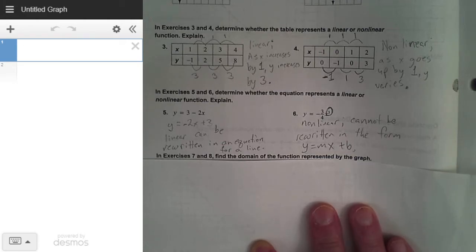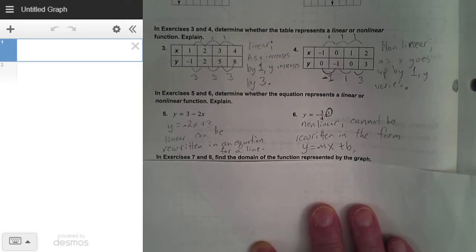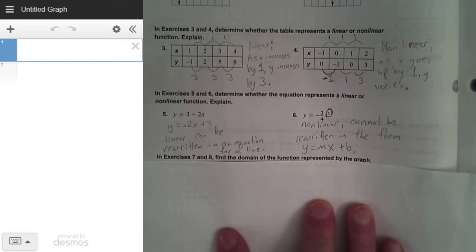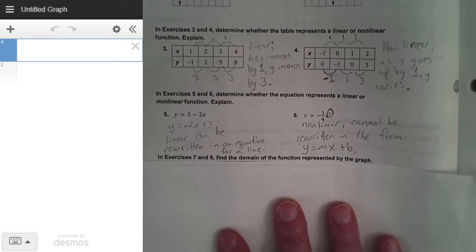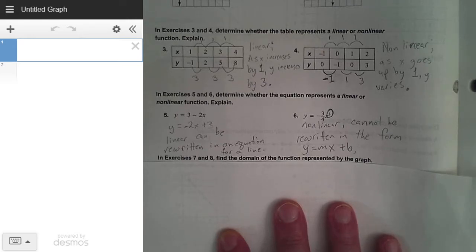It needs to match up with y equals mx plus b, or another form. In number 5, we have y is equal to 3 minus 2x. We rewrite that into y-intercept form. So y is equal to negative 2x plus 3. We can write it like that.